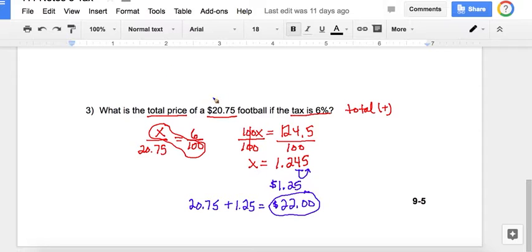And if I give you the part or the tax, then you have to put that on top. And if you put that on top, that means you're looking for the whole or the cost. So just make sure you read the questions carefully, and if you ever see that the tax is X amount of money, make sure you put that on top. Otherwise, then you're looking for X. If it's asking for the tax or asking for the total, then you're looking for the part, and X will go on top.